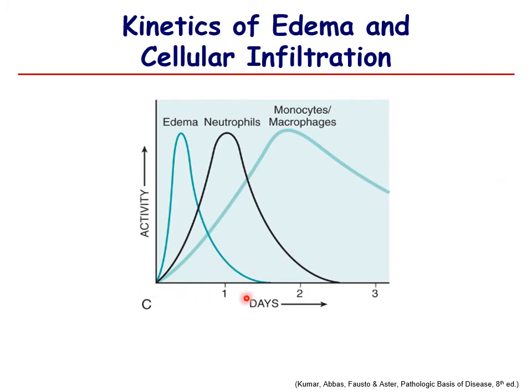Here on the x-axis, we're looking at number of days, and this is the intensity of the responses or activity, showing that edema occurs first within 1 day, and then cellular infiltration of predominantly neutrophils occurs, and then from blood, monocyte infiltration takes a couple of days to build up to reach maximum, and then they linger on at the site of inflammation a little longer than neutrophils and fluid.